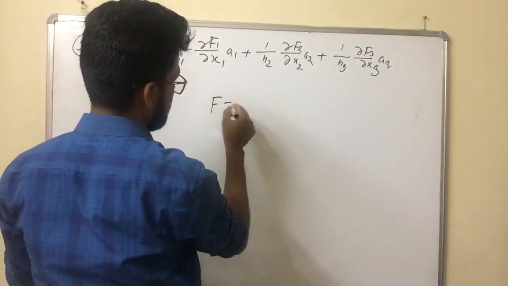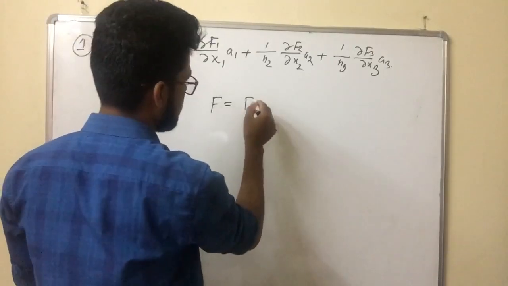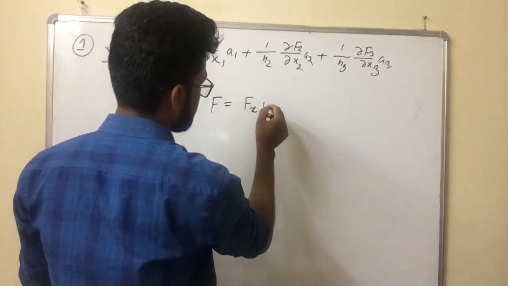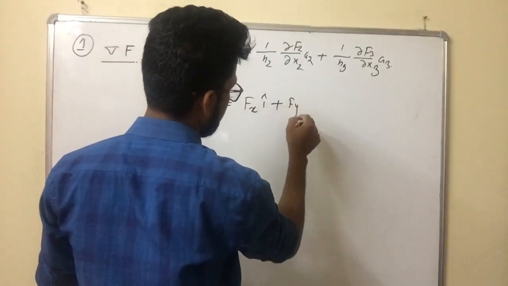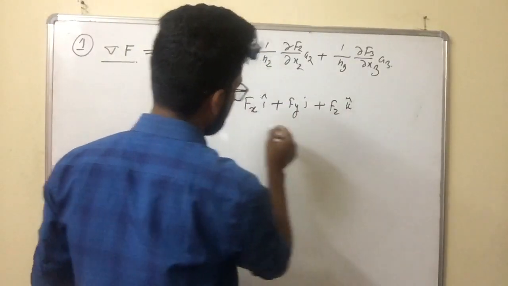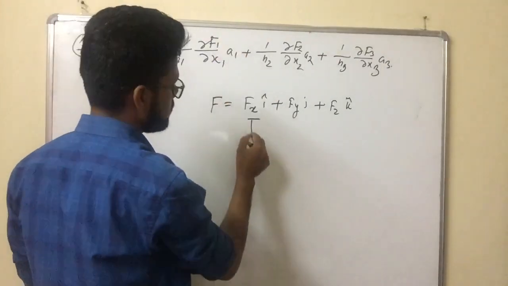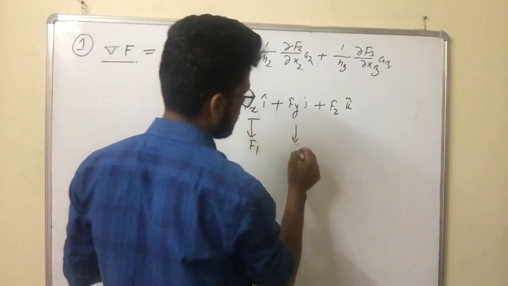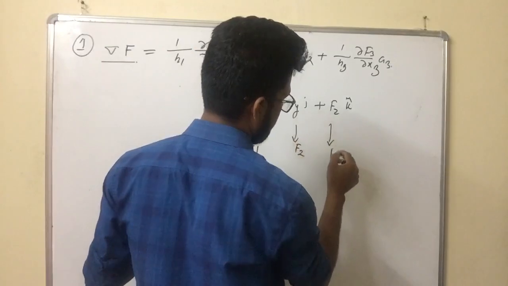And f1, f2, ft are the components of the vector, normally written as fx i cap, fy j cap, fz k cap. This fx means f1, this one means f2, and this one means ft.